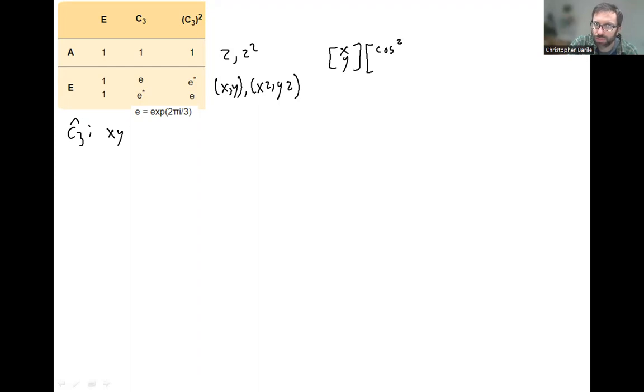If we do this in radians, we have cosine 2 pi over 3, negative sine 2 pi over 3, sine 2 pi over 3, and cosine 2 pi over 3. Whether the negative is here or here depends upon whether you do counterclockwise or clockwise rotation. The math will work out either way, so it doesn't really matter.